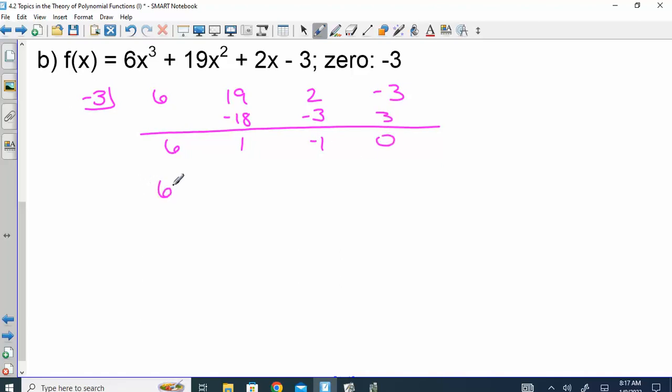So you get 6x squared plus x minus 1. What now? Slip and slide or box method, whatever you like. So x squared plus x minus 6, multiply to negative 6 and add to positive 1.